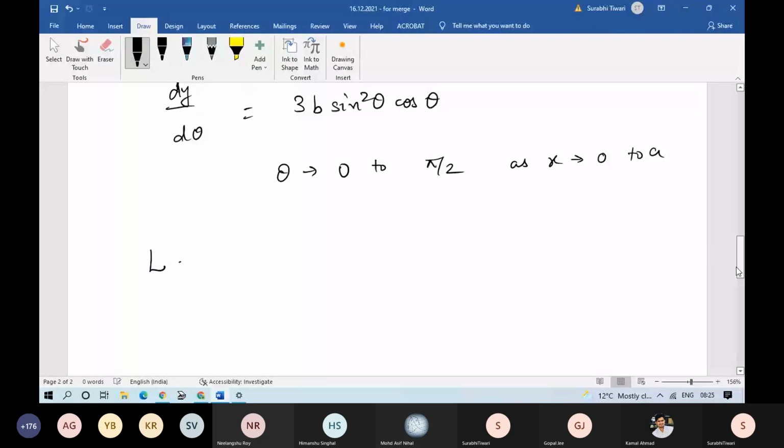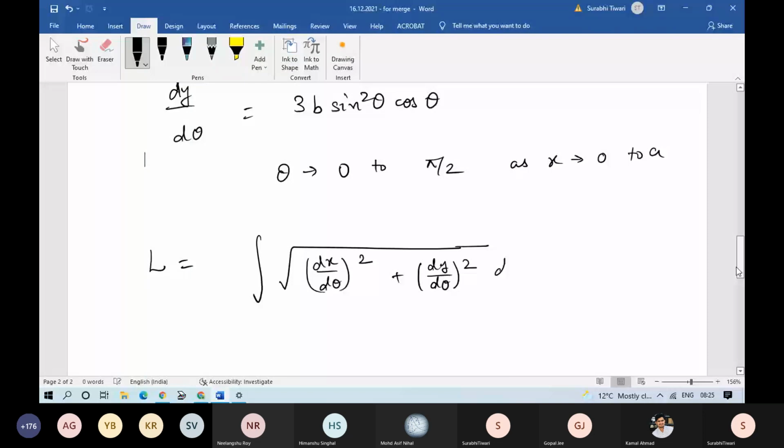Now length is what? Under root of dx upon d theta whole square plus dy upon d theta whole square, d theta. Okay, this is the length, and theta varies from where?